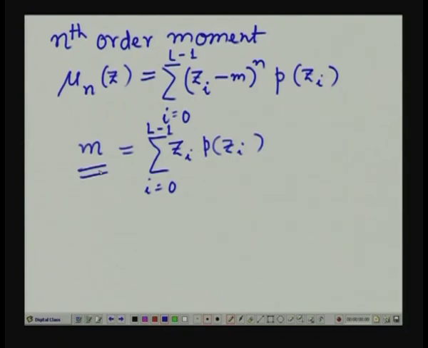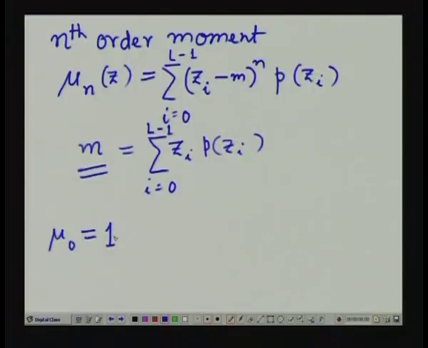Now, we can infer a number of interesting properties from this nth order histogram moment. If I take the 0th order moment, that is mu_0, where n is equal to 0, then (z_i minus m) to the power n becomes equal to 1. So, what we are left with is the summation of p(z_i), where i varies from 0 to capital L minus 1.